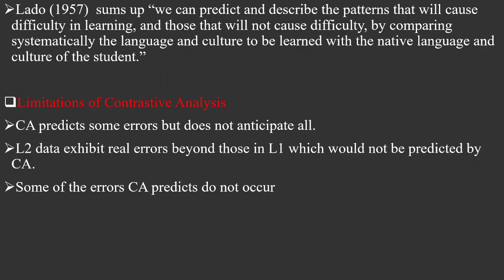Lado, 1957, sums up: we can predict and describe the patterns that will cause difficulty in learning and those that will not cause difficulty by comparing systematically the language and culture to be learned with the native language and culture of the student.